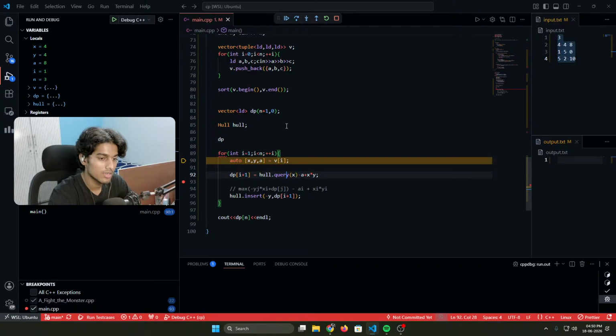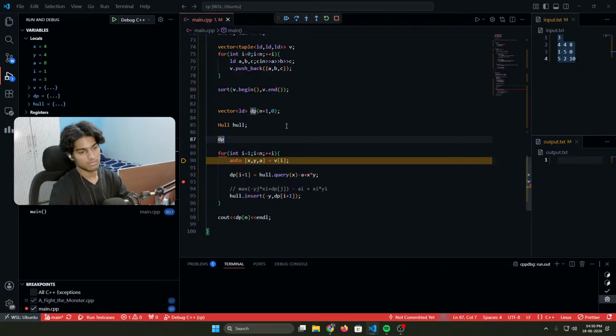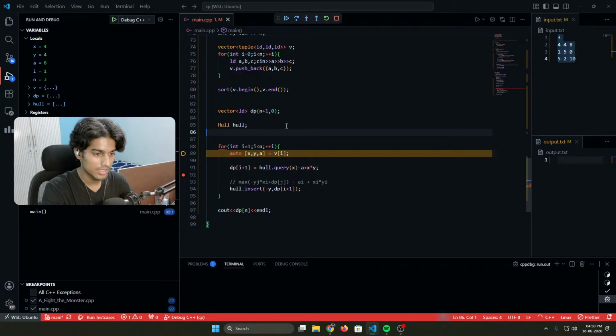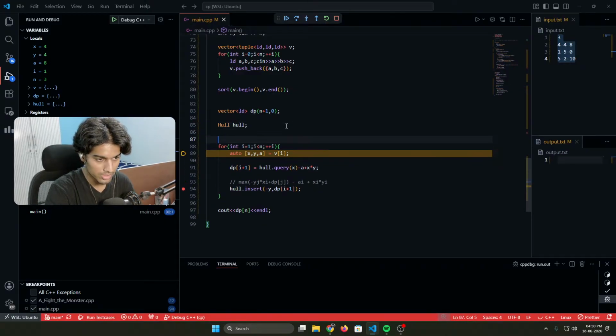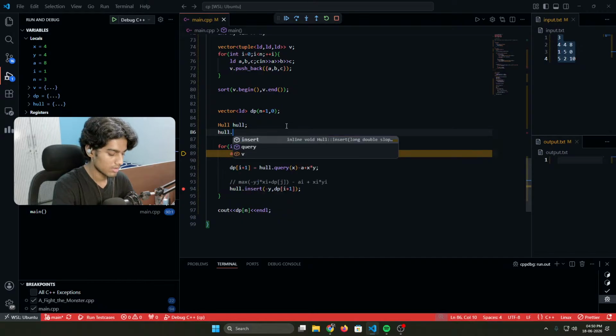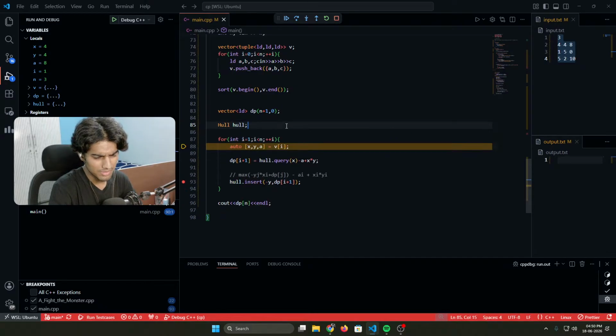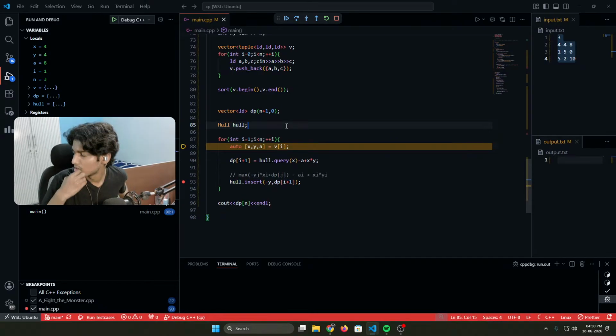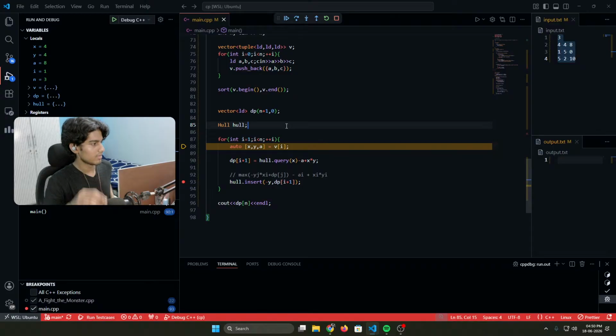Wait a minute. So let's initialize that as 0. And also I have to put something in hull. Wait, already have something there. But it is gonna give me some unexpected answer. No?